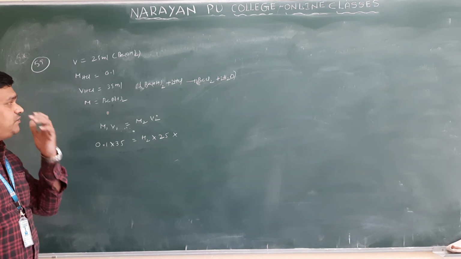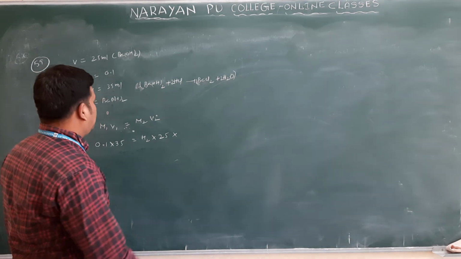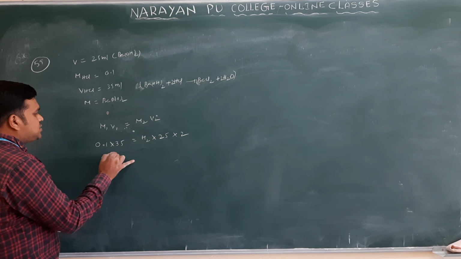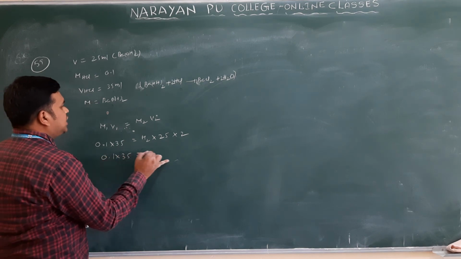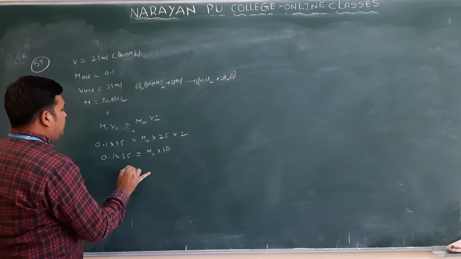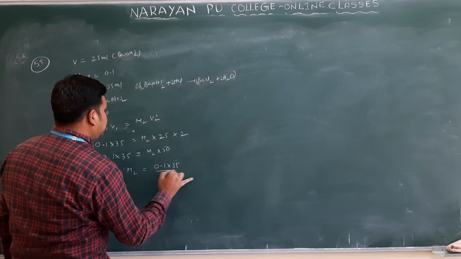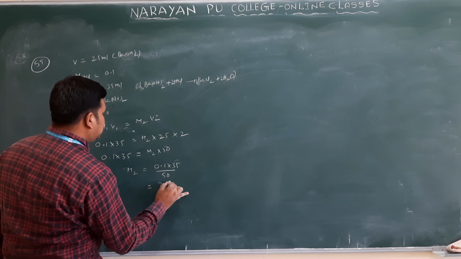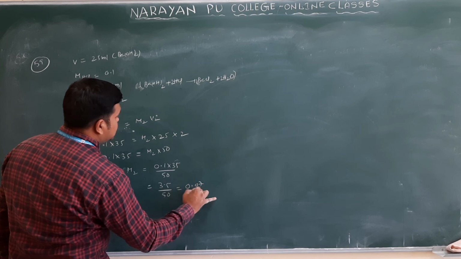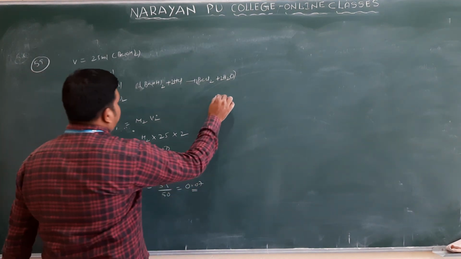How many OH ions are involved in barium hydroxide? 2 OH minus, so the N factor is 2. Then 0.1 into 35 is equal to M2 into 50. So M2 is equal to 0.1 into 35 by 50, which is 3.5 by 50 only. Approximately we get 0.07. So this is question number 59 only.